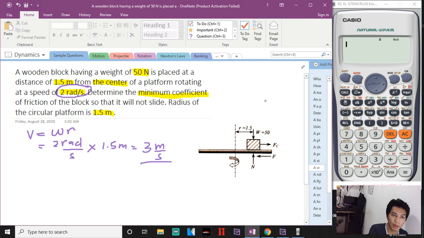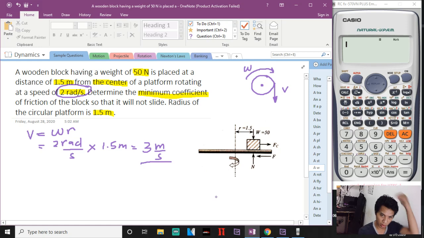Okay? Palagay natin, umiikot yung ball mo. Or umiikot yan. Yung linear velocity niya, yan yung velocity na ita-travel niya. Translated nung iyong rotational. Okay? This is your, what? Omega. This is your velocity. Ganyan ang linear velocity.